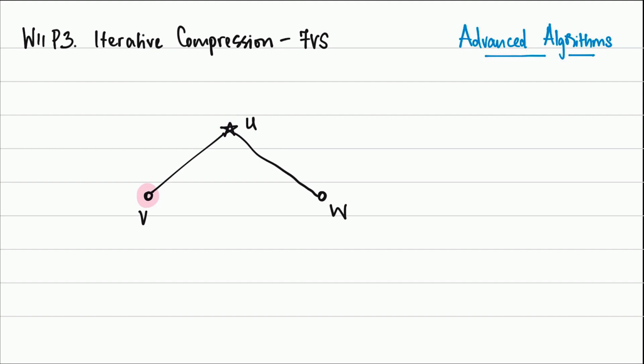Keep the rest of the feedback vertex set exactly the same, but shift from U to V or from U to W. These choices will work just as well as U, because every cycle that U intersects, V or W would also intersect all of those cycles, right? So this would be a general observation.